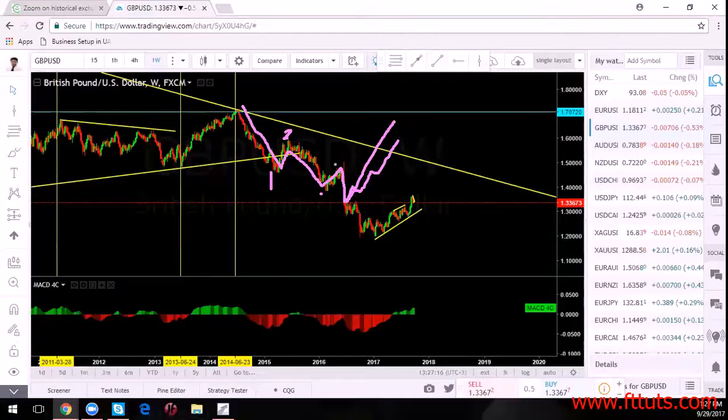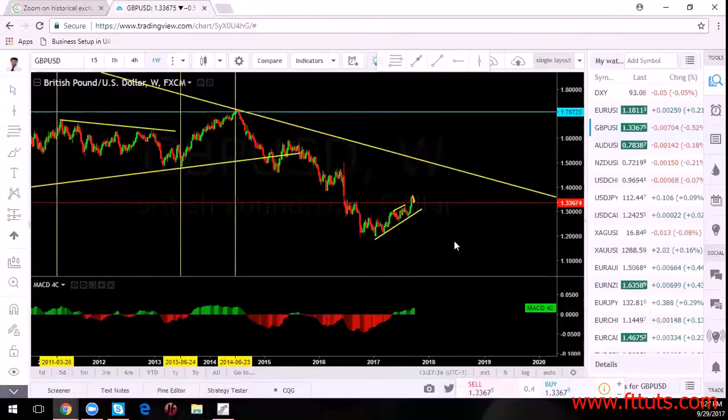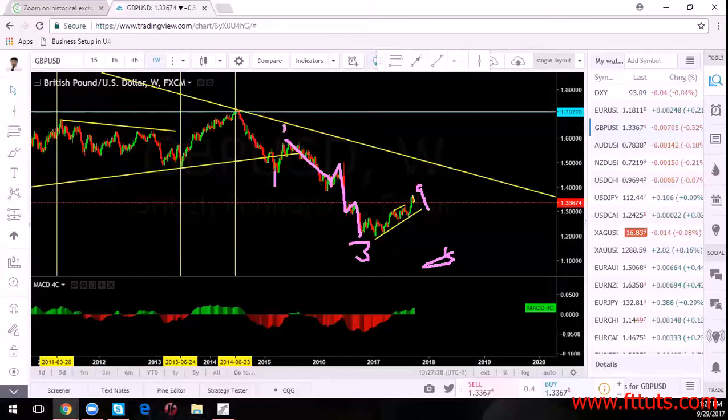That would be your count because the third one cannot be the shortest, so you'll go for the fifth one to be the shortest. And then you will have a big surprise. And then you will change that and you will say, okay, here it is. This is 1, 2, 3, 4, 5 for the third wave. This is your fourth wave and you're going for a fifth wave. So you will go 1, 2, 3, 4, 5. And that is already wrong.